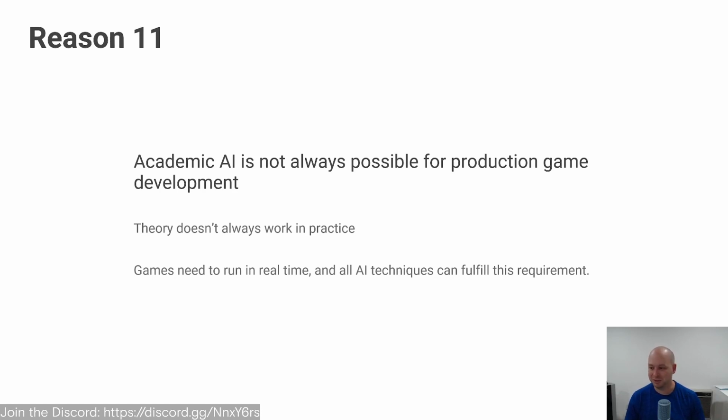The problem is GPT-3 is like 500 billion parameters. It can't even fit on a hard drive. So a lot of the things that are state of the art are also, as a result, very much not production possible.